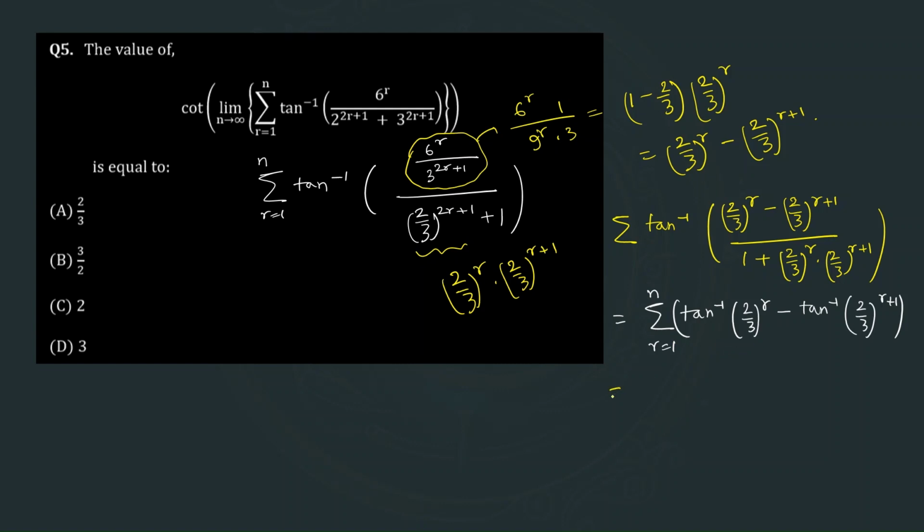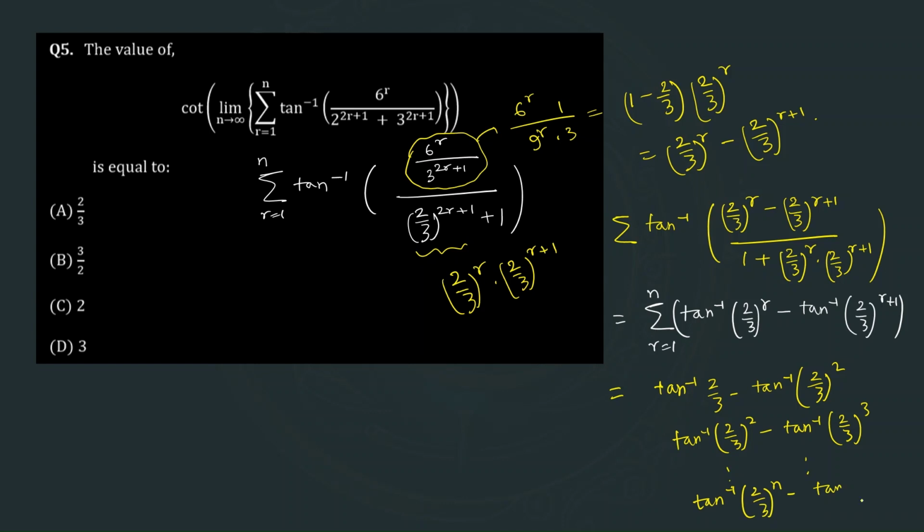Now if we expand this series, this will become tan inverse 2 by 3 minus tan inverse 2 by 3 whole square, then tan inverse 2 by 3 whole square minus tan inverse 2 by 3 whole cube, and so on. When we put r equal to n, it will become tan inverse 2 by 3 whole to the power n minus tan inverse 2 by 3 whole to the power n plus 1.